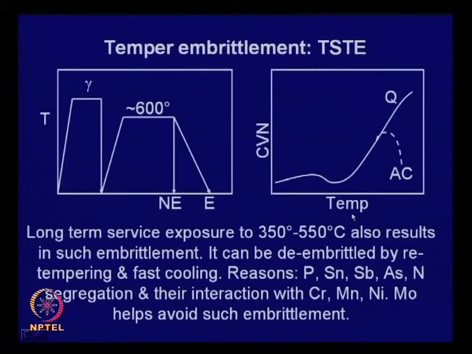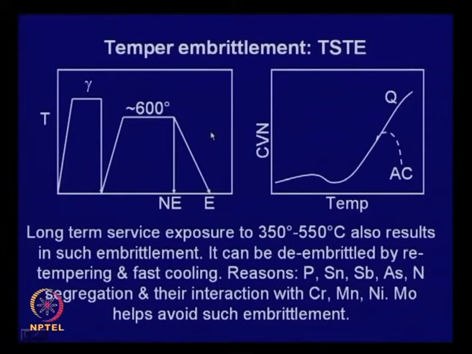But if you heat it again to this temperature range, 500, 550 degree centigrade, and hold it, you will find it has become embrittled. In fact, many of these power plant steels are used in the hardened and tempered condition, and they are kept for very long durations at around 550 degree centigrade.